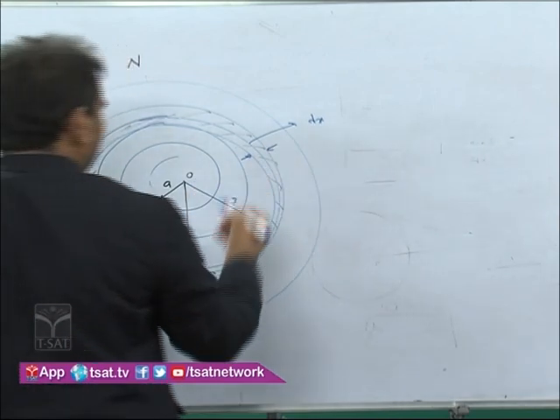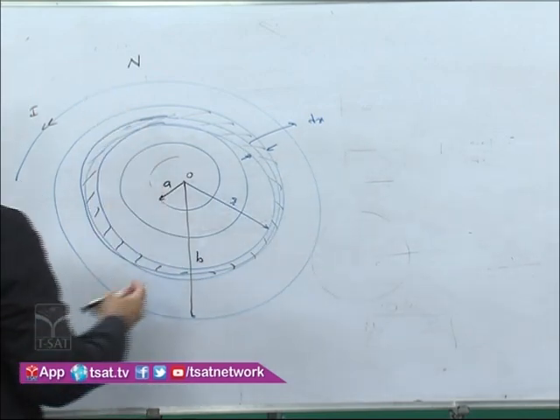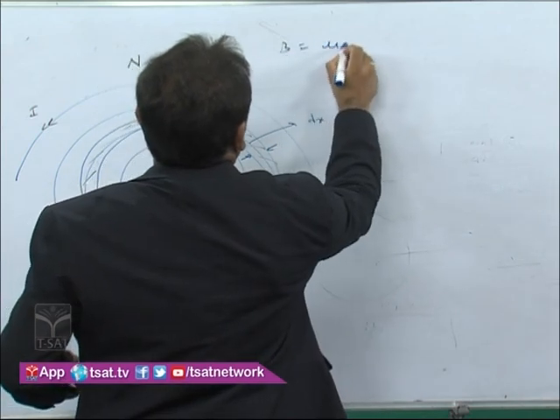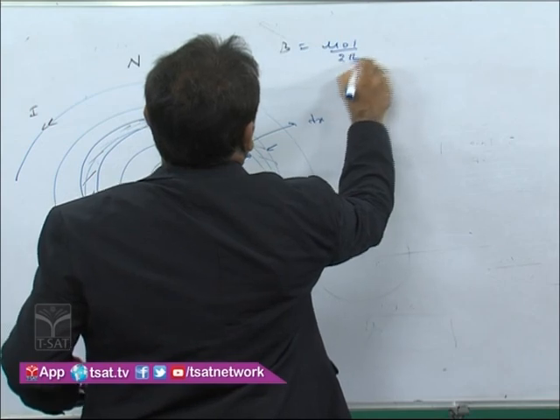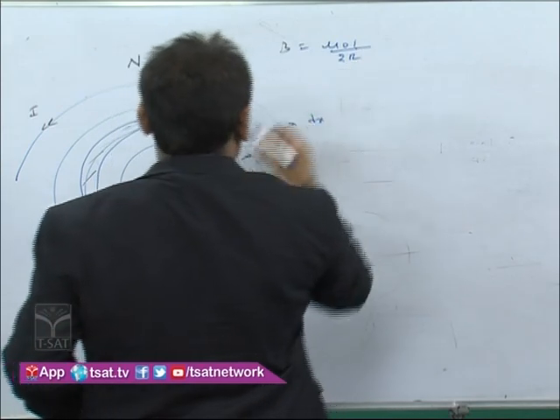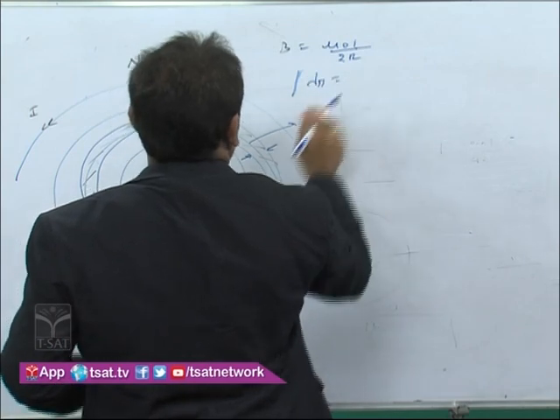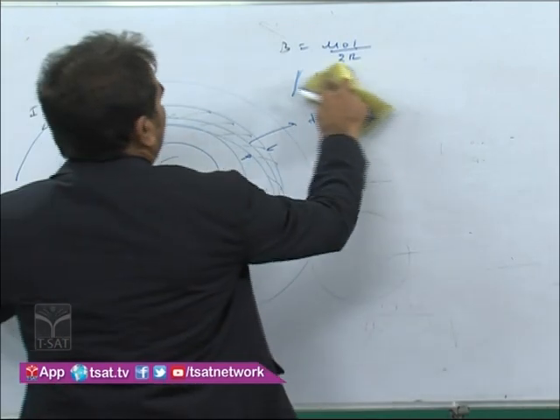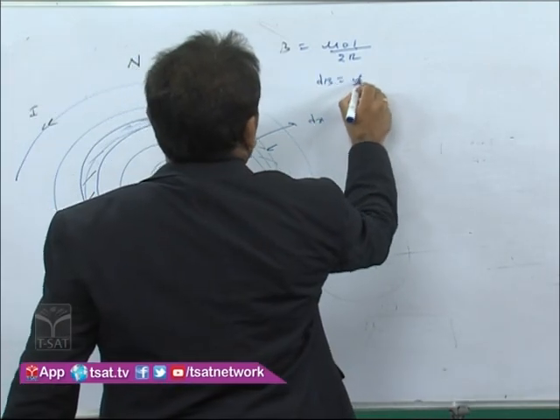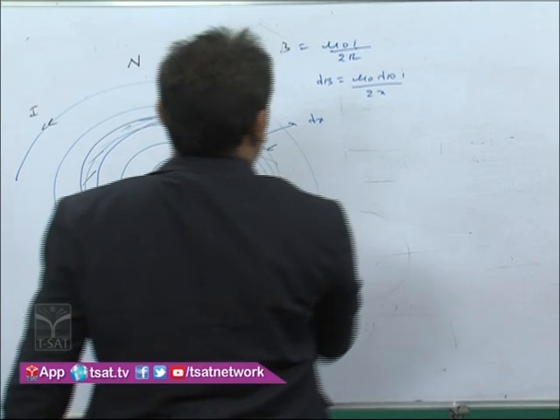You already know the magnetic field induction due to a circular current coil at the center is given by B equal to mu naught I by 2r. This is only for a single turn. How many turns are there? N turns. So, for this dx element, dB is equal to mu naught dn I upon 2x.